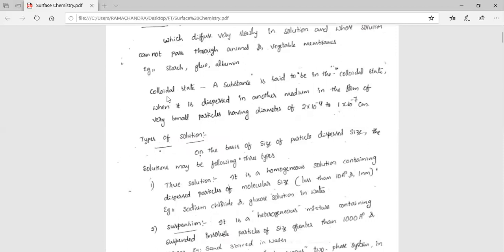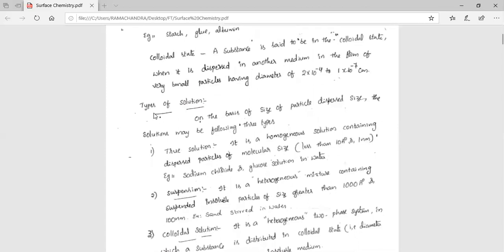So coming to the colloidal state, a substance is said to be in the colloidal state when it is dispersed in another medium in the form of very small particles having a diameter of 2 × 10^-4 to 1 × 10^-7 centimeters.